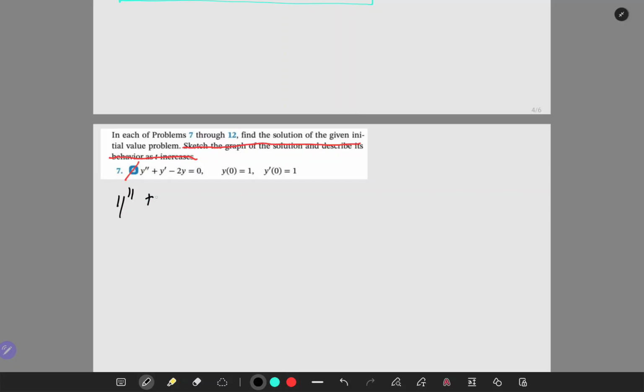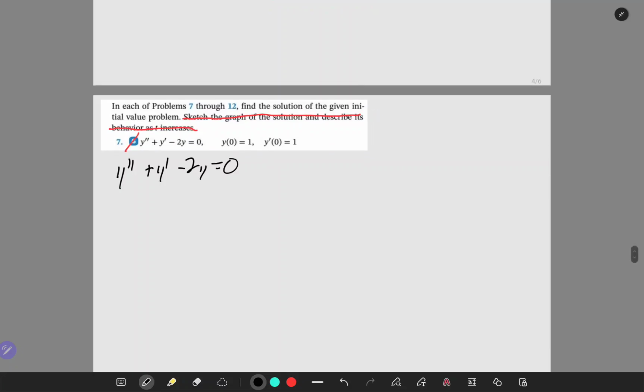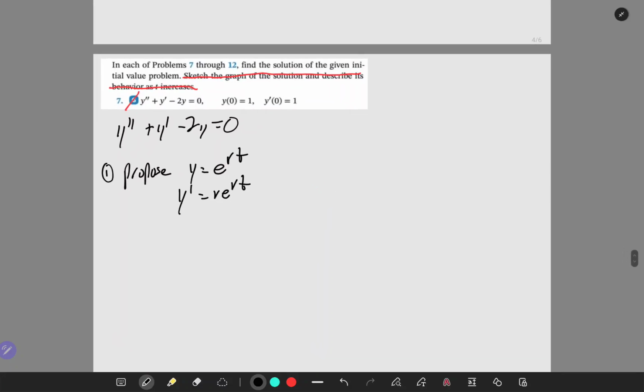Y double prime plus y prime minus 2y is equal to 0. So we're still going to solve this the same way we normally would, right? We propose, step 1, propose y is equal to e to the rt, y prime is equal to re to the rt. That's an r, it looks like a v. Y double prime is equal to r squared e to the rt.